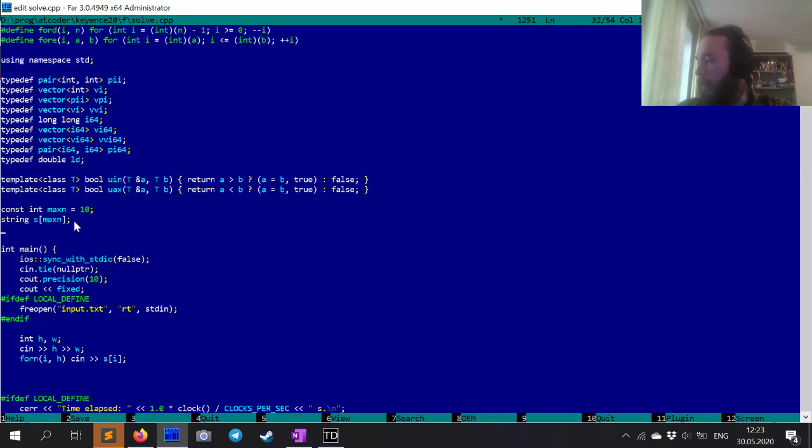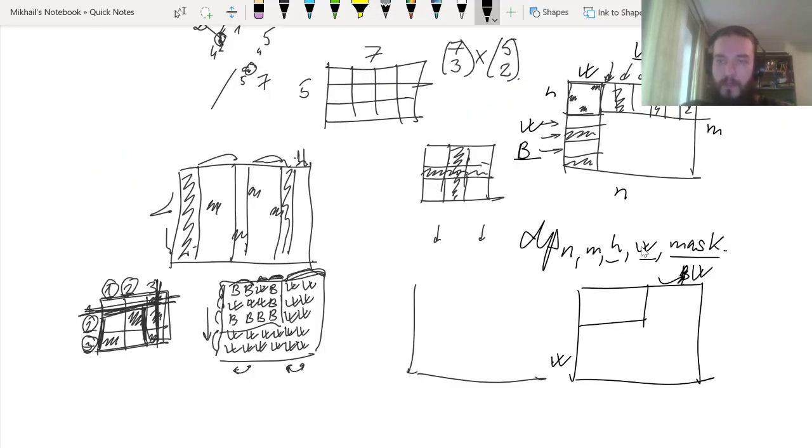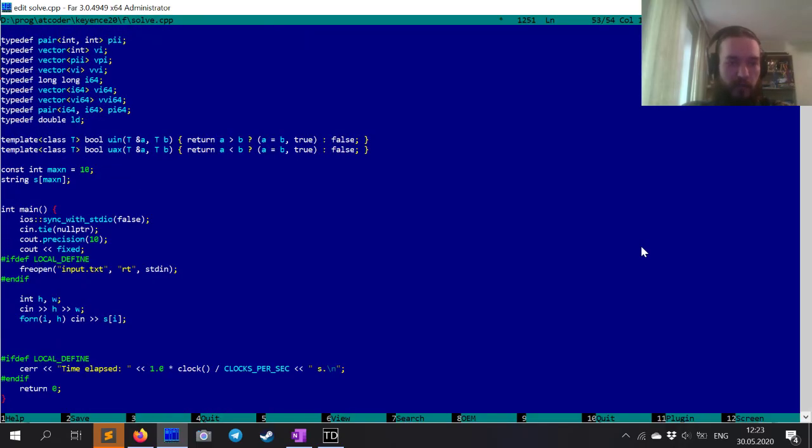And then the dynamic programming. The dynamic programming, in fact, H and W. Yes, let's iterate over. Let's say that this is n and m of the whole board. Right. So then we iterate over where h can go.